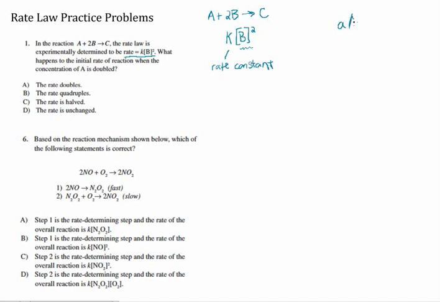A plus B. So this equation right here should give me a rate law of A and B, like that. Again, assuming that this is the limiting step.